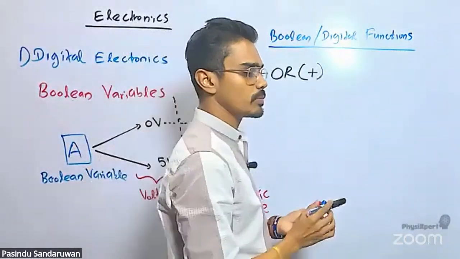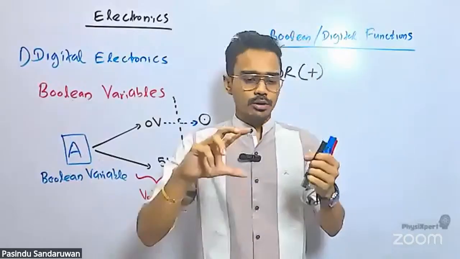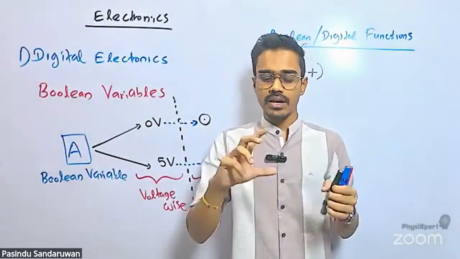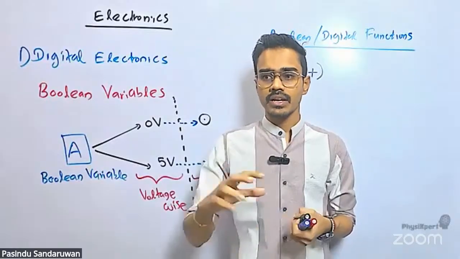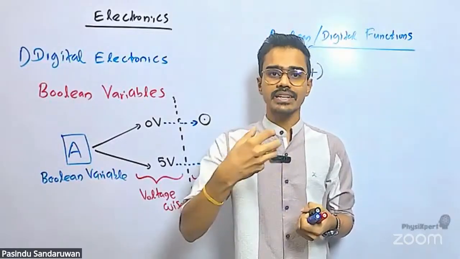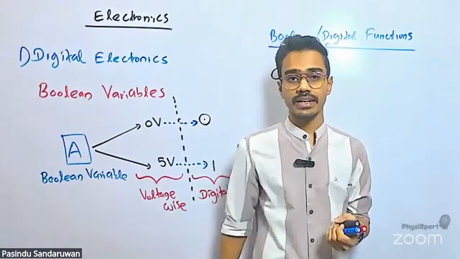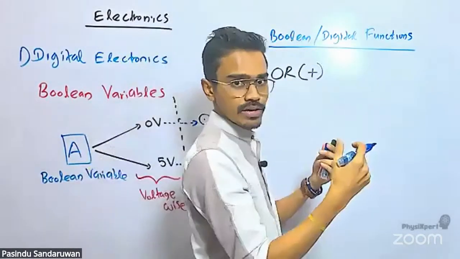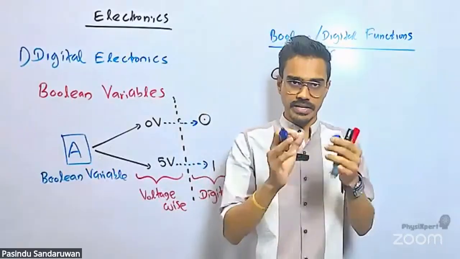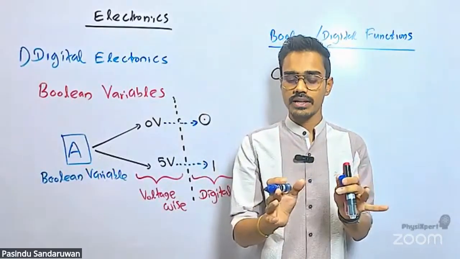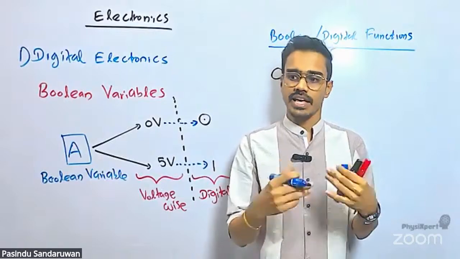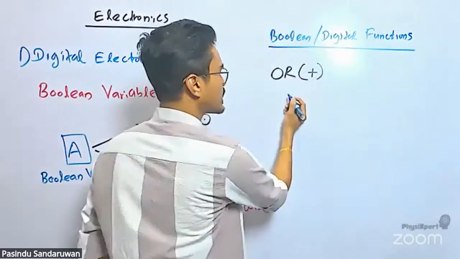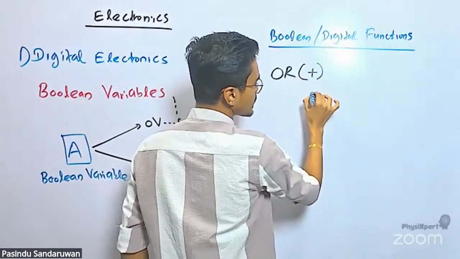OR means, when you are going to connect variables, OR is used as a connector, as a function for connecting. The literal meaning of OR is OR. You use this to connect two variables.